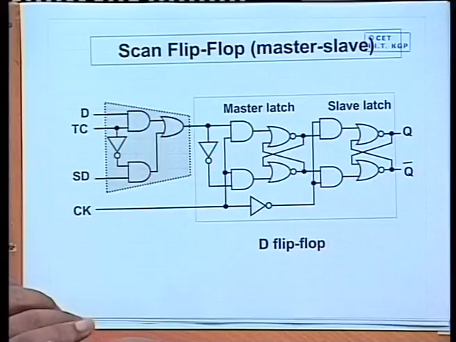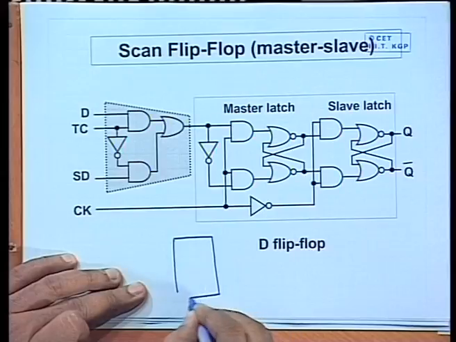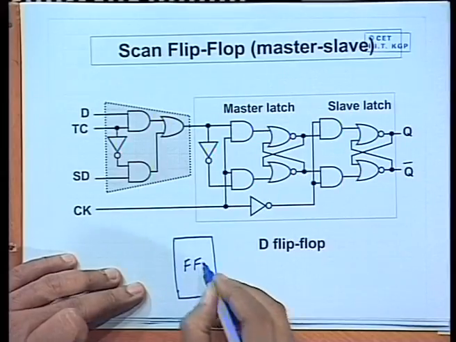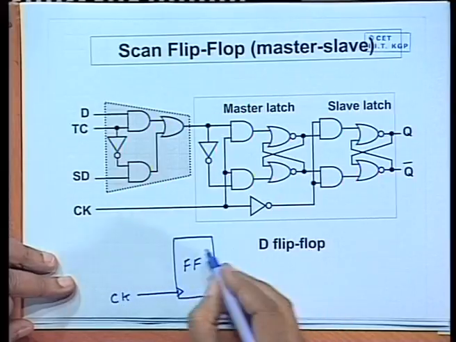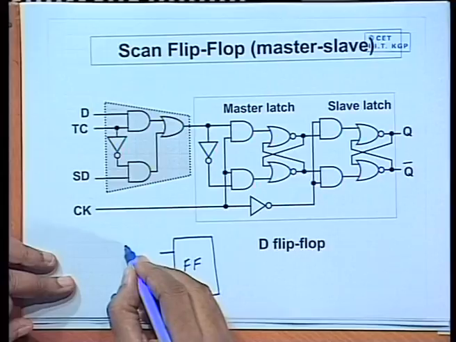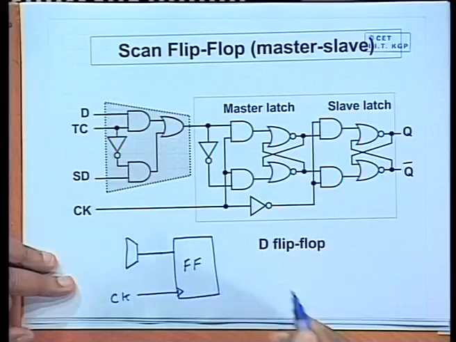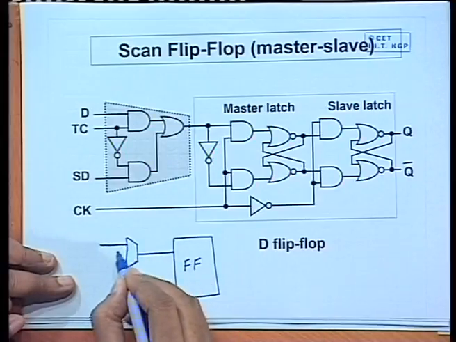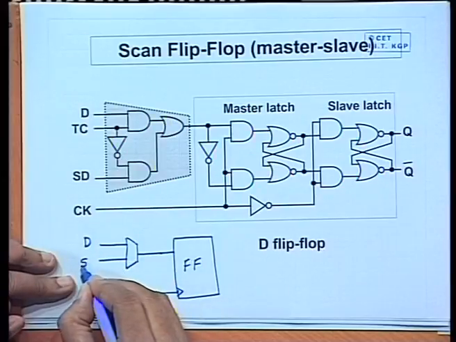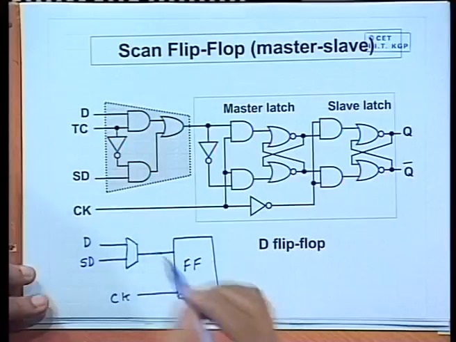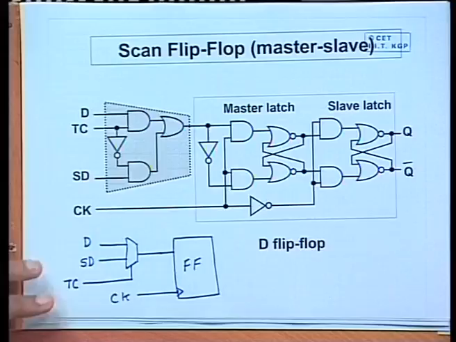But in the scan flip flop, what we are doing is this. This was the flip flop, the clock was there, the clock is still coming, but the data input which was there, you are connecting a multiplexer there. There are two inputs to the multiplexer: one is the normal data input, and one is the scan data, SD, and the test control input is controlling the multiplexer.